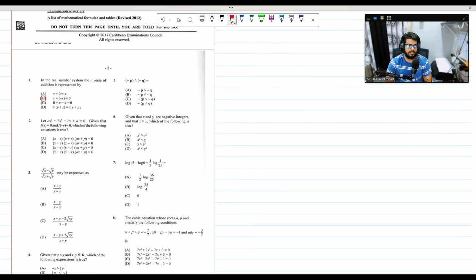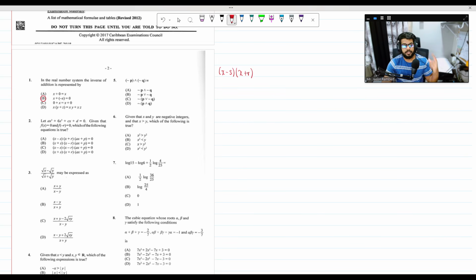Let this be equal to 0. Given that f of s is 0 and f of minus r is equal to 0, which of the following equations are true? If f of s is 0, then x minus s is a factor. If f of minus r is equal to 0, then x plus r is a factor.